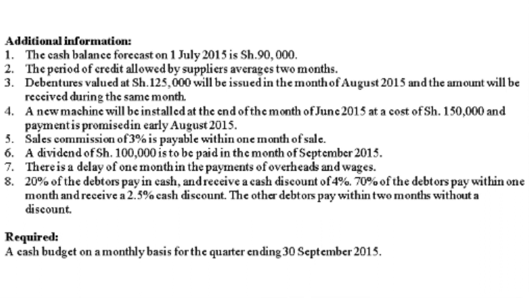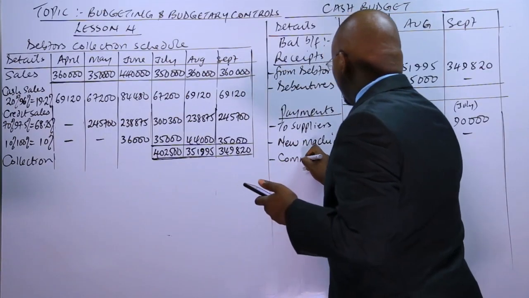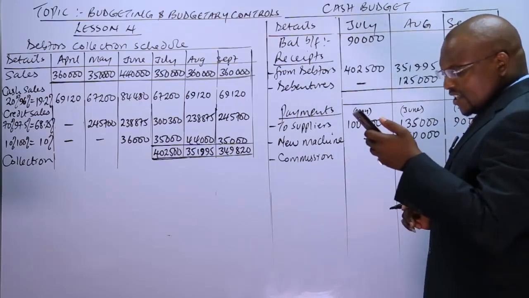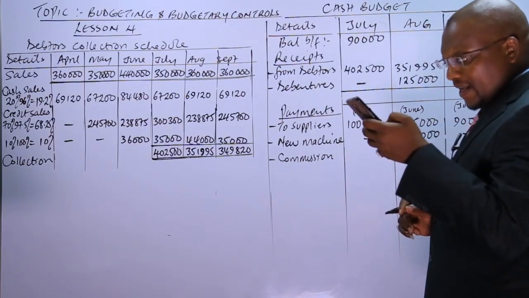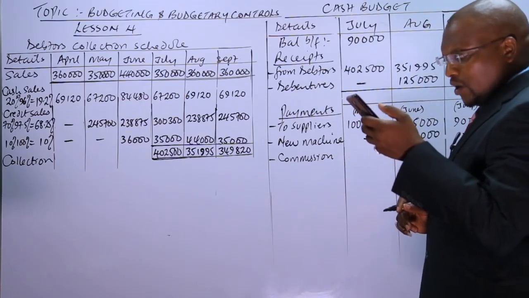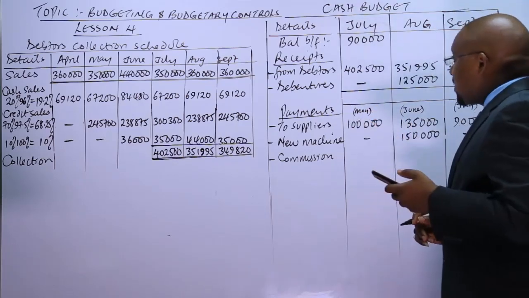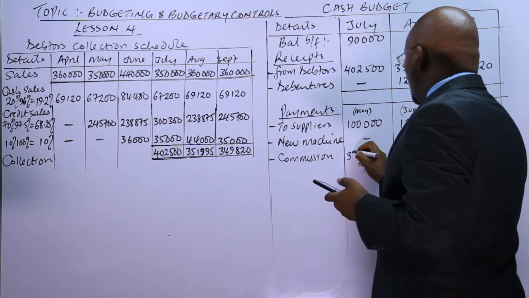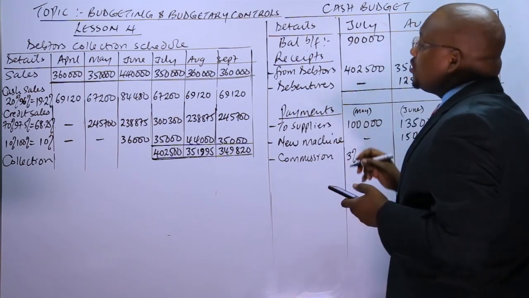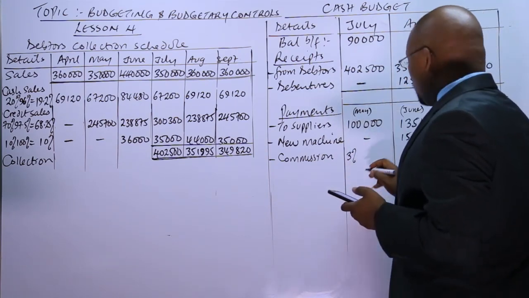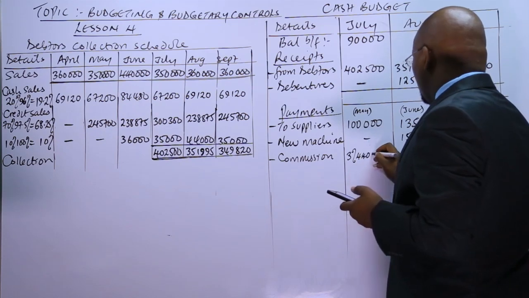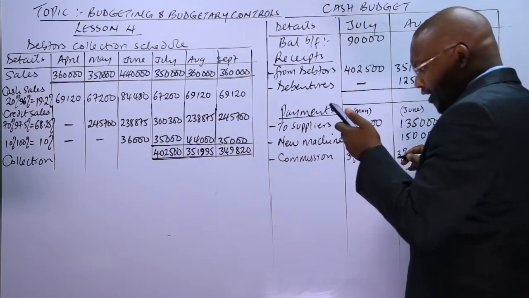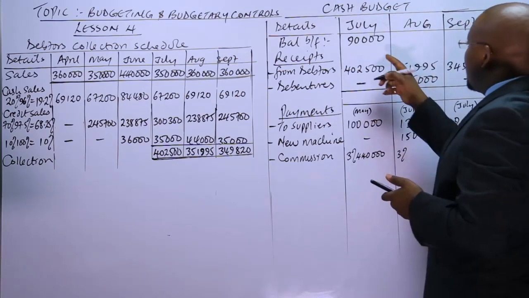So this is a commission. So commission is actually 3%. So we're going to have 3% of the sales of a previous month. Like now, we have 3% of the sales of June. June sales are actually 440. 3% of the July sales.